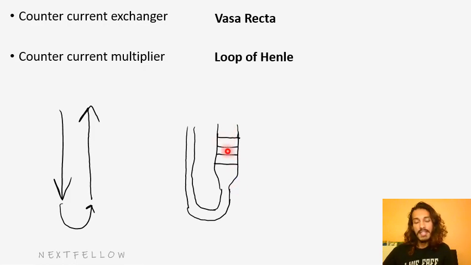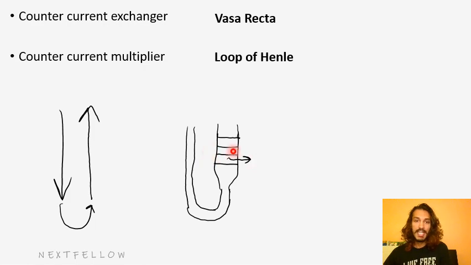In the thick ascending part of the loop of Henle, each segment has sodium potassium chloride channels through which sodium chloride is reabsorbed from the tubules. Now when that is taking place, this has the ability to create an osmotic gradient of up to 200 milliosmol. Each level has the ability to create an osmotic gradient of 200 milliosmol.